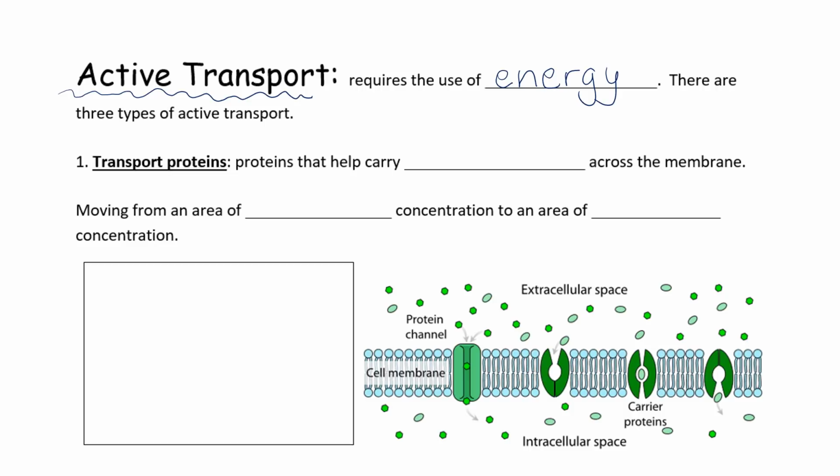So you need to know that there are three types of active transport. When we looked at pictures of the plasma or the cell membrane before, we've seen things that look like some sort of little objects that are embedded within the two layers of the cell membrane. These embedded objects are called transport proteins.